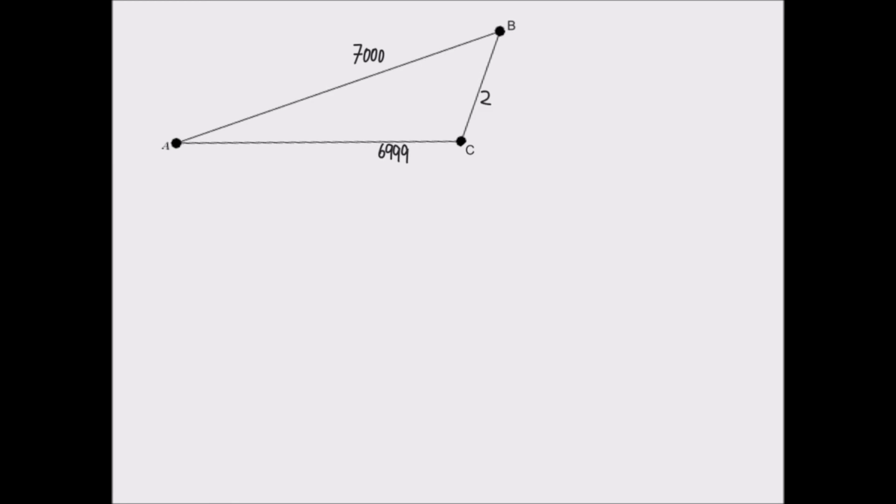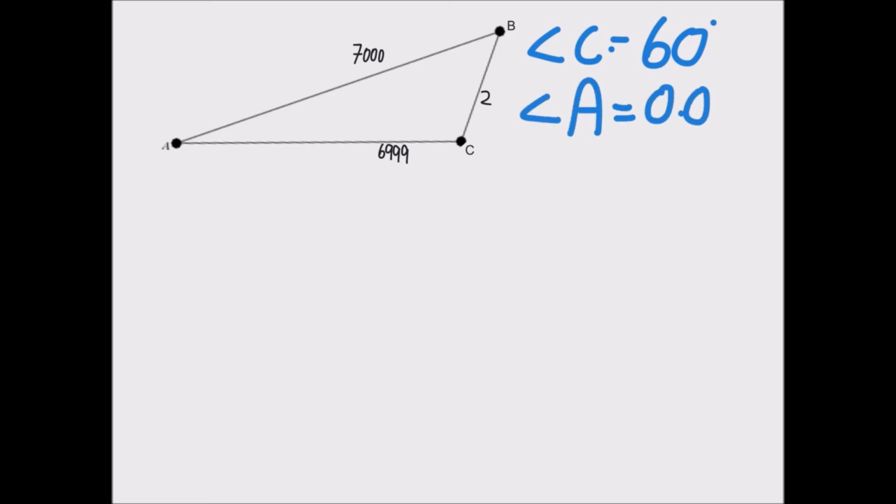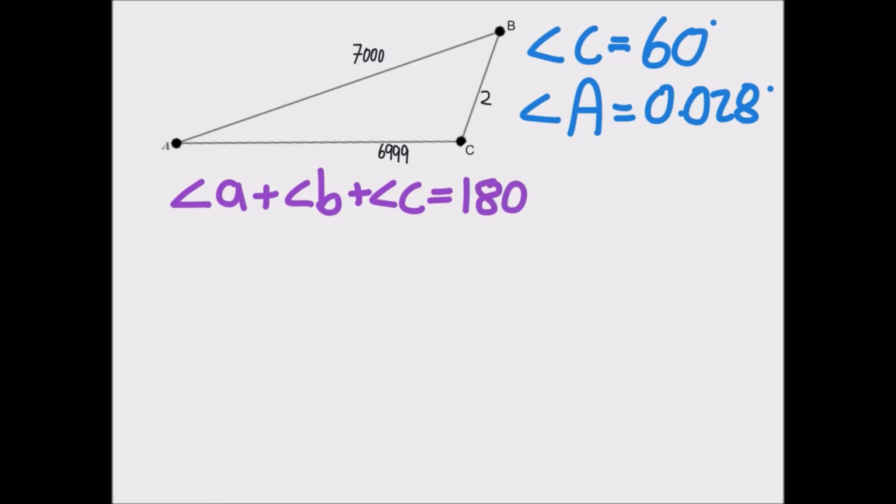Now we know angle C is equal to 60 degrees. Angle A is equal to 0.028 degrees. But we do still not know what angle B is. Luckily, there is a much easier way to find it. Angle A plus angle B plus angle C is equal to 180 degrees, as all angles of the triangle add up to 180 degrees.